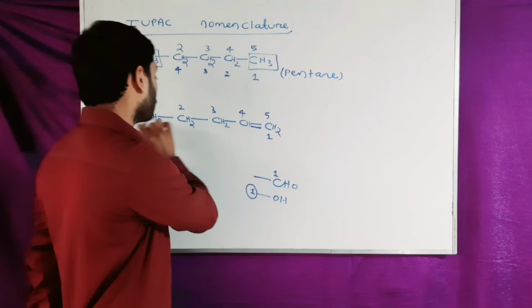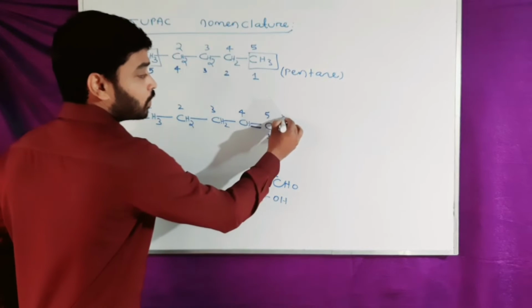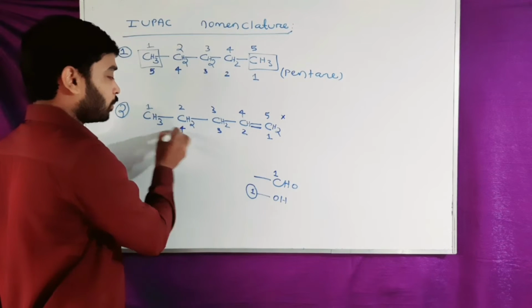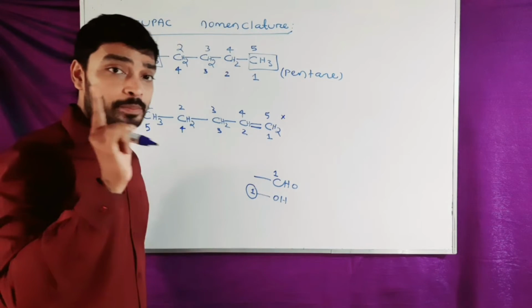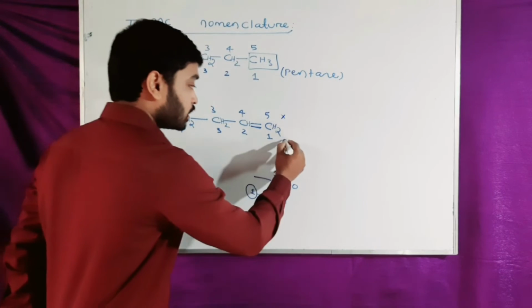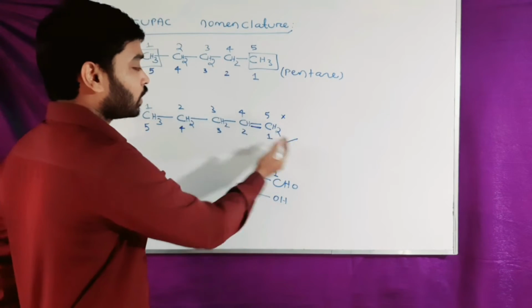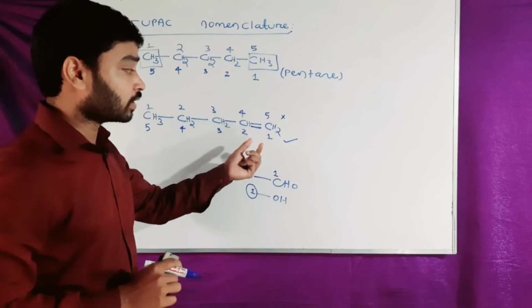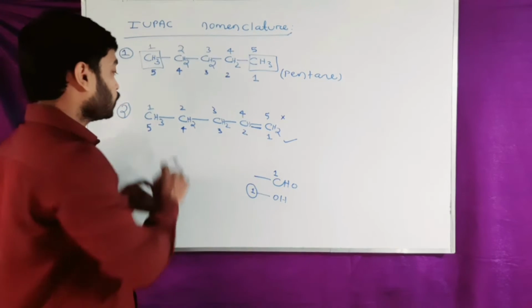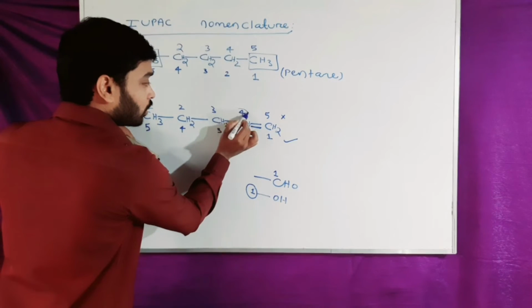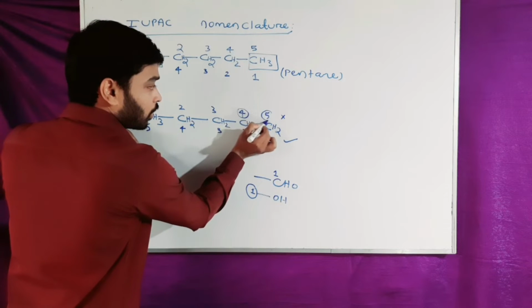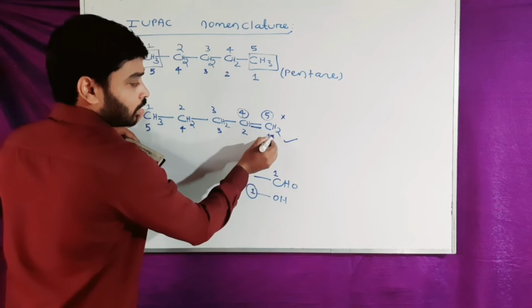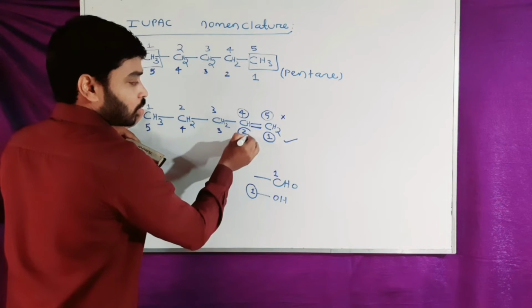So if you number from left to right, in this case it will be wrong, because two types of numbering are possible, but the correct combination of numbering will be this. Why is right to left correct? Because if you number from left to right, the double bond occupies two numbers, that is 4 and 5, and if you number from right to left, the double bond occupies the numbers 1 and 2.